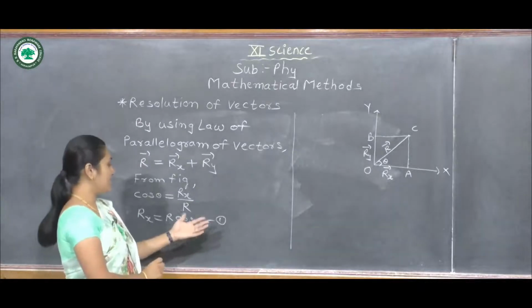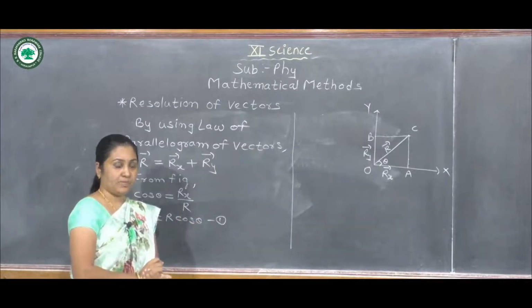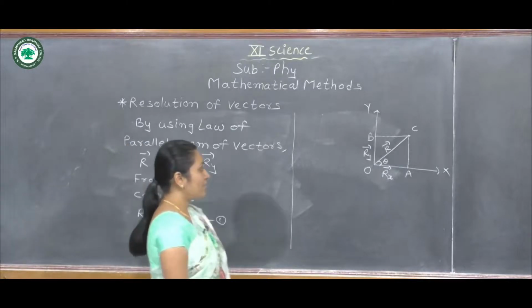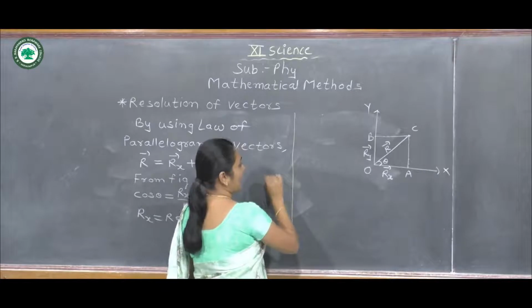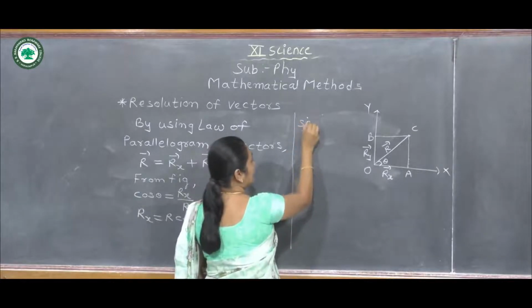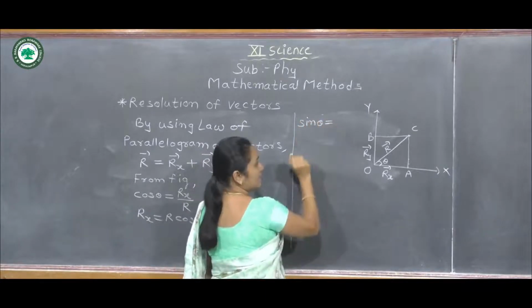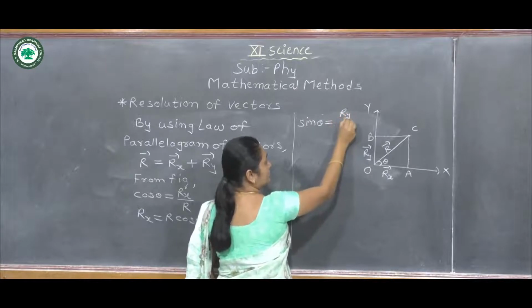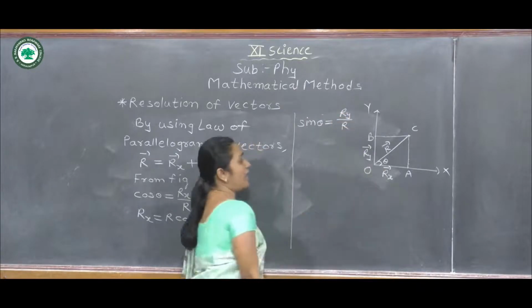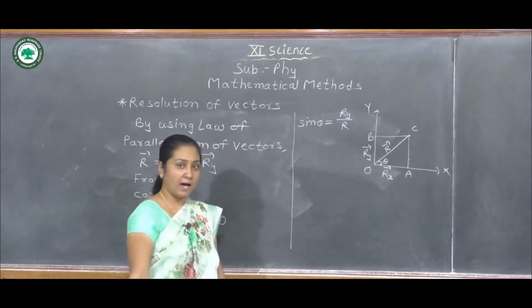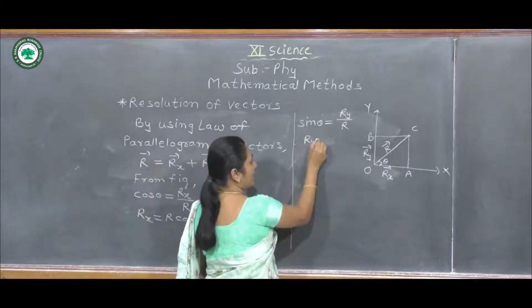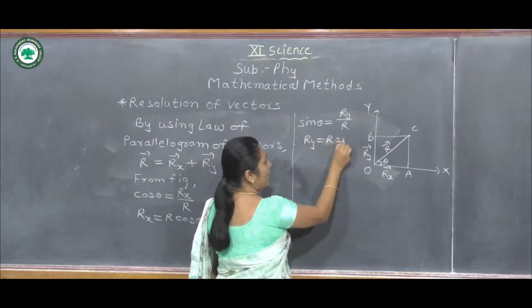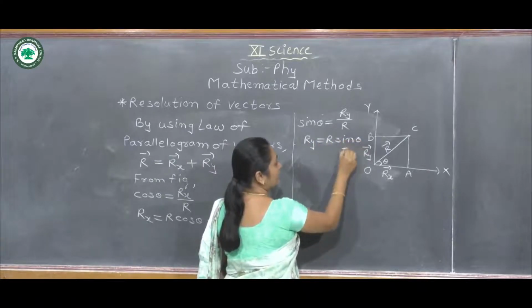This is equation 1. Similarly, we can find sin theta. From this diagram, sin theta is equal to Ry divided by r. Therefore, Ry is equal to r sin theta.